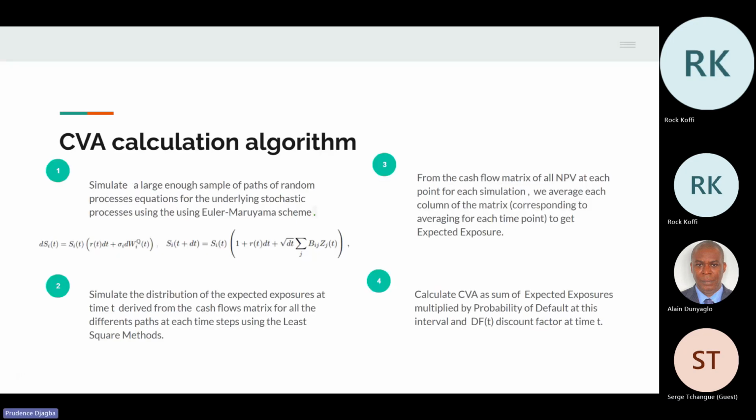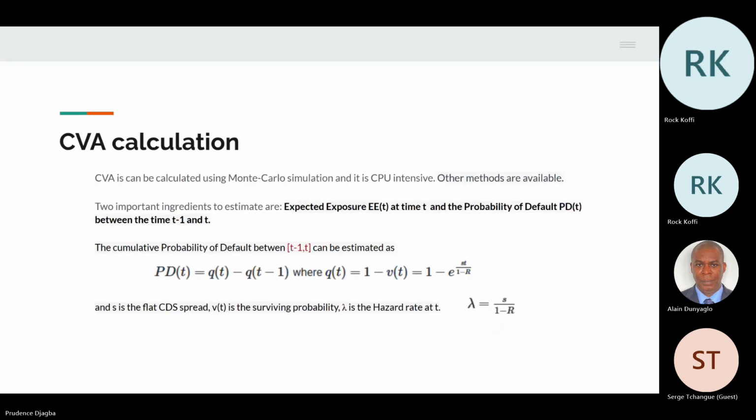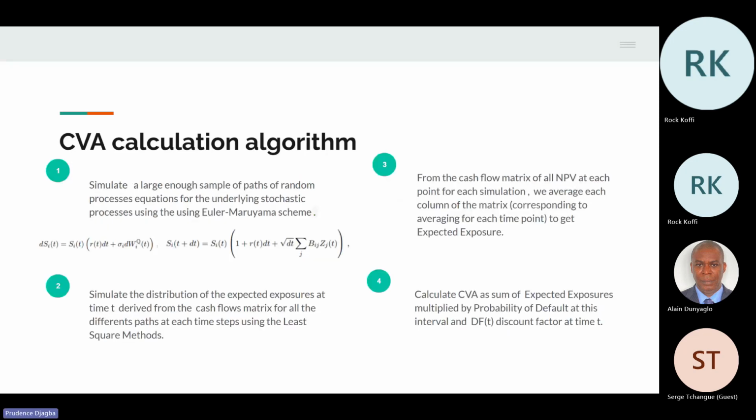Thanks. So we are going to show the different steps in order to compute the CVA. The first step is to generate a large sample of stock prices.